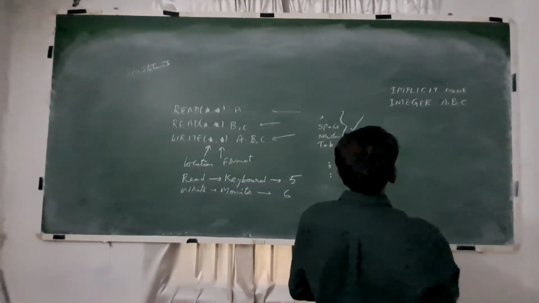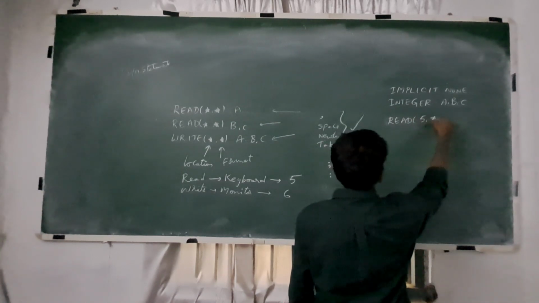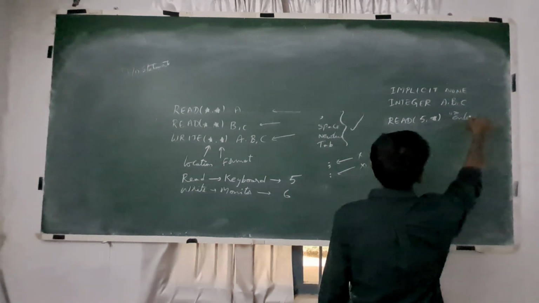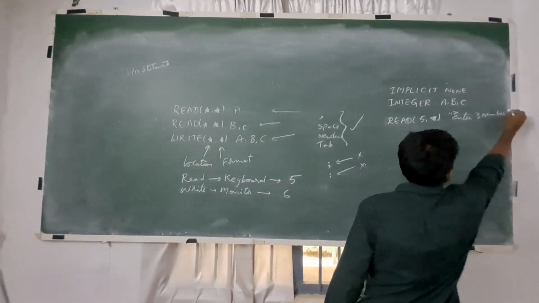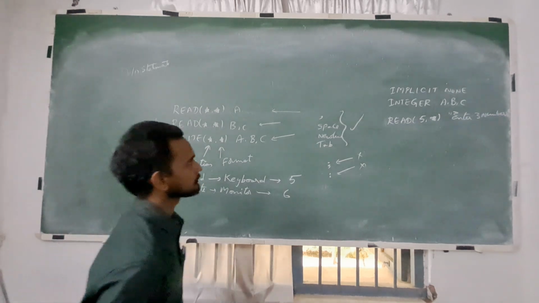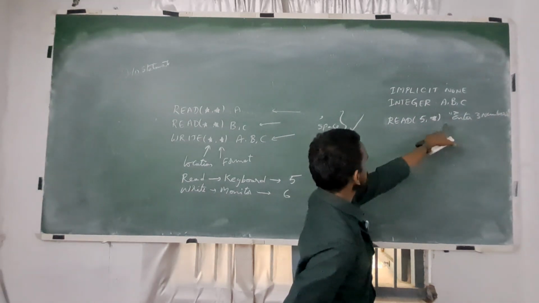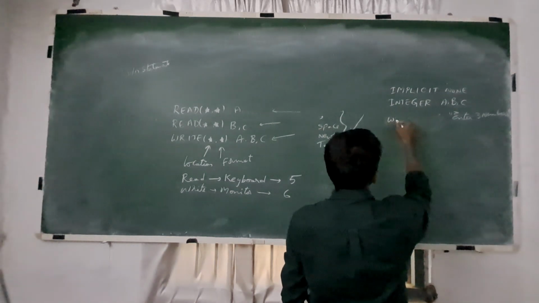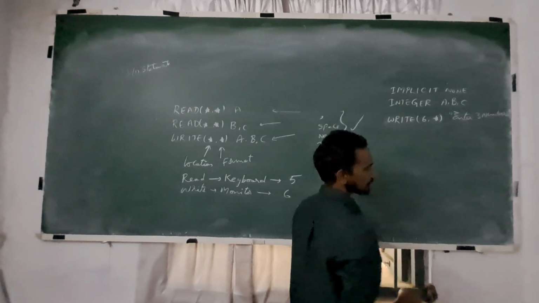Read 5 comma star. This instruction, enter 3 numbers, should be printed onto the monitor, so it is a write statement: write 6 comma star, enter 3 numbers.